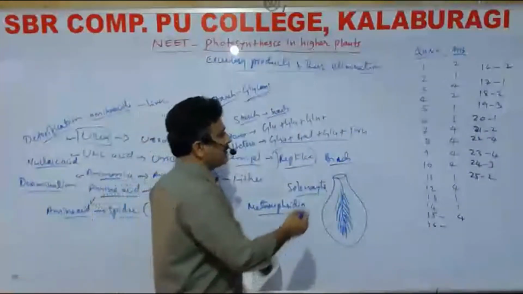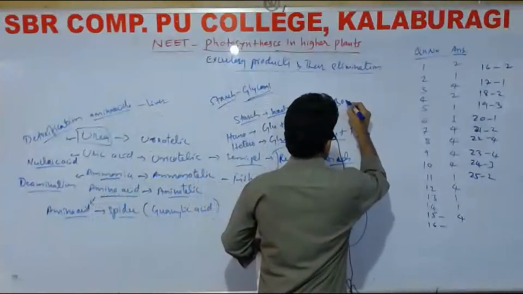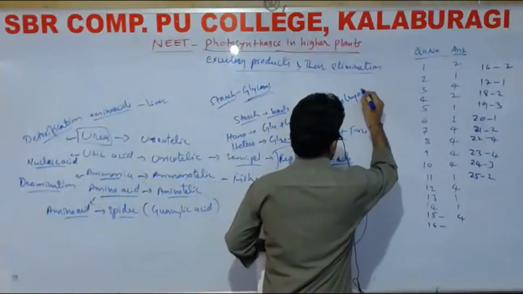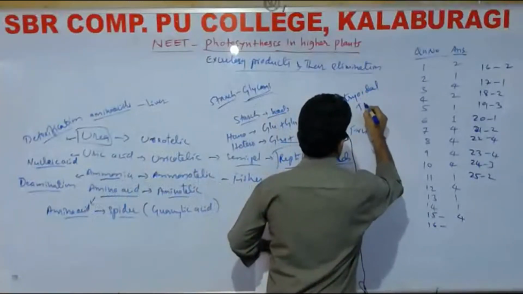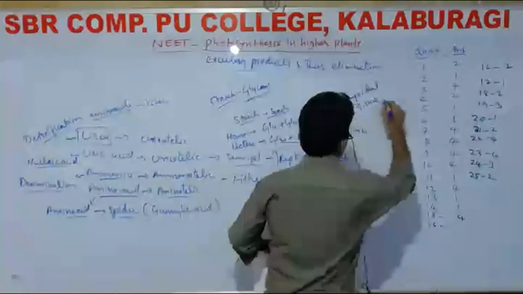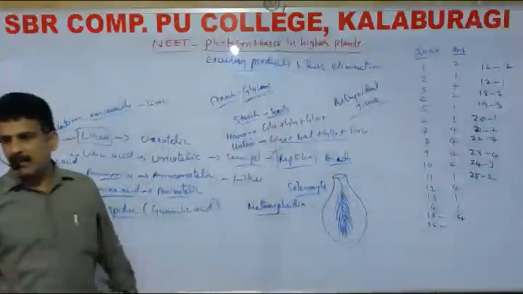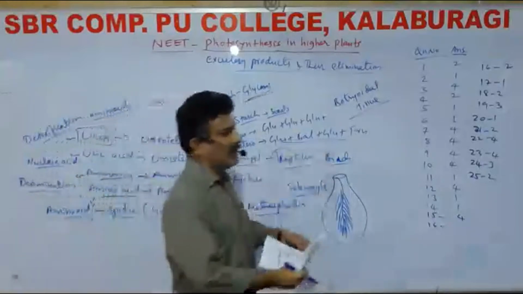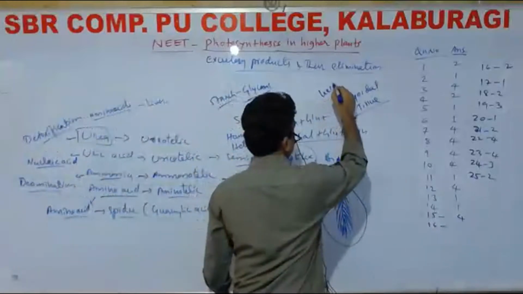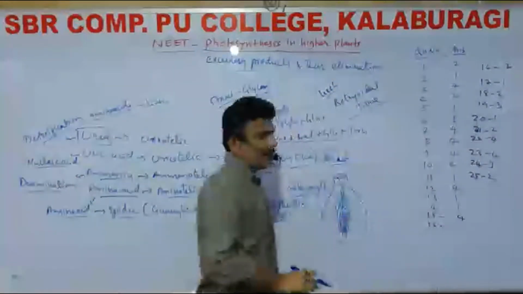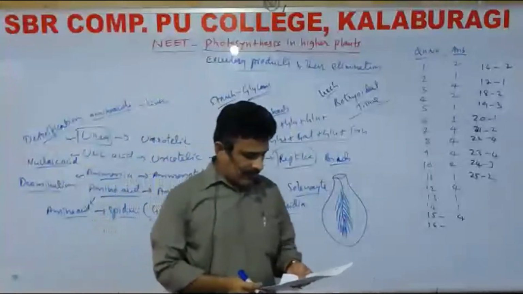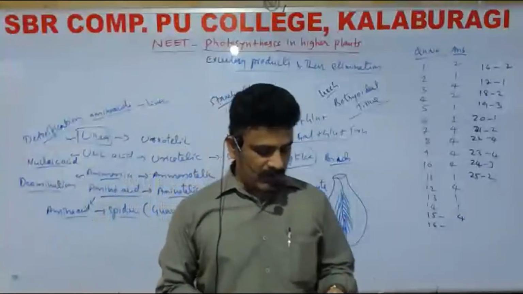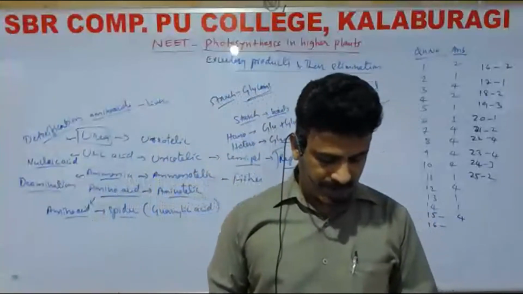In the leech, botryoidal tissue serves an excretory function. Okay, so that's why here the question number 4 option is the third one.